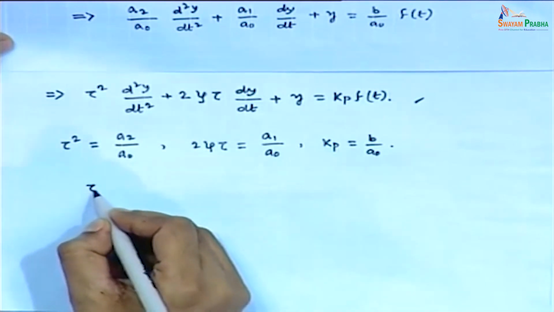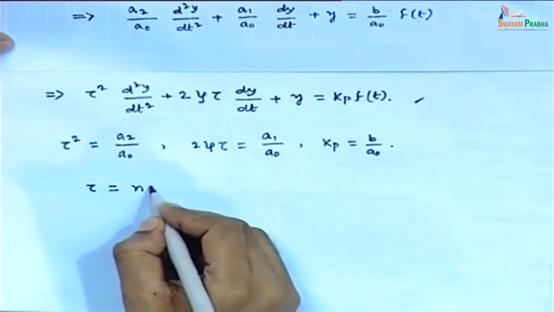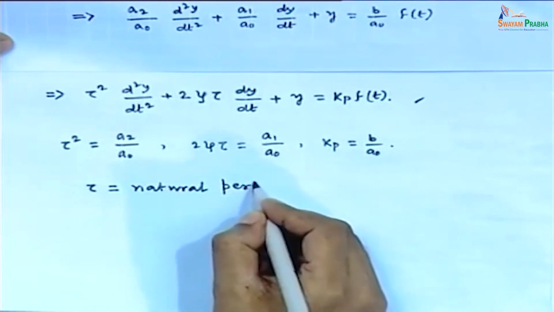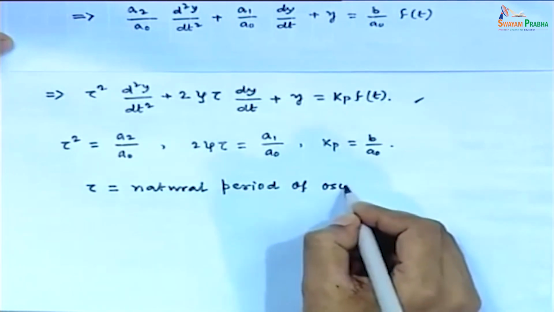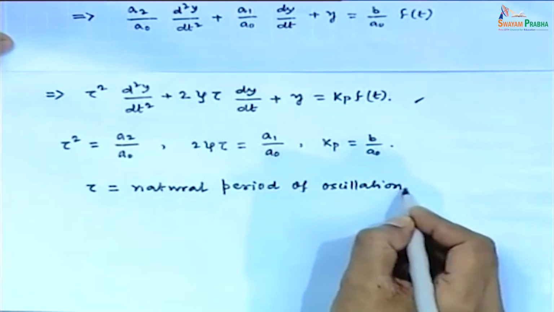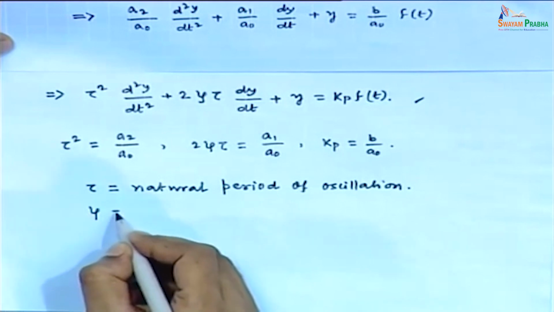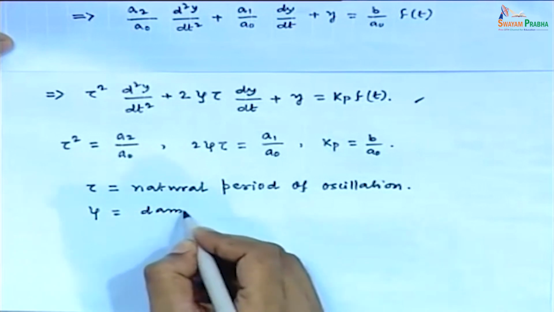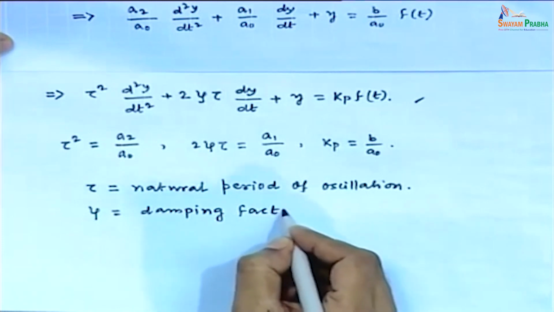This tau is called natural period of oscillation of the system, and zeta is called damping factor.